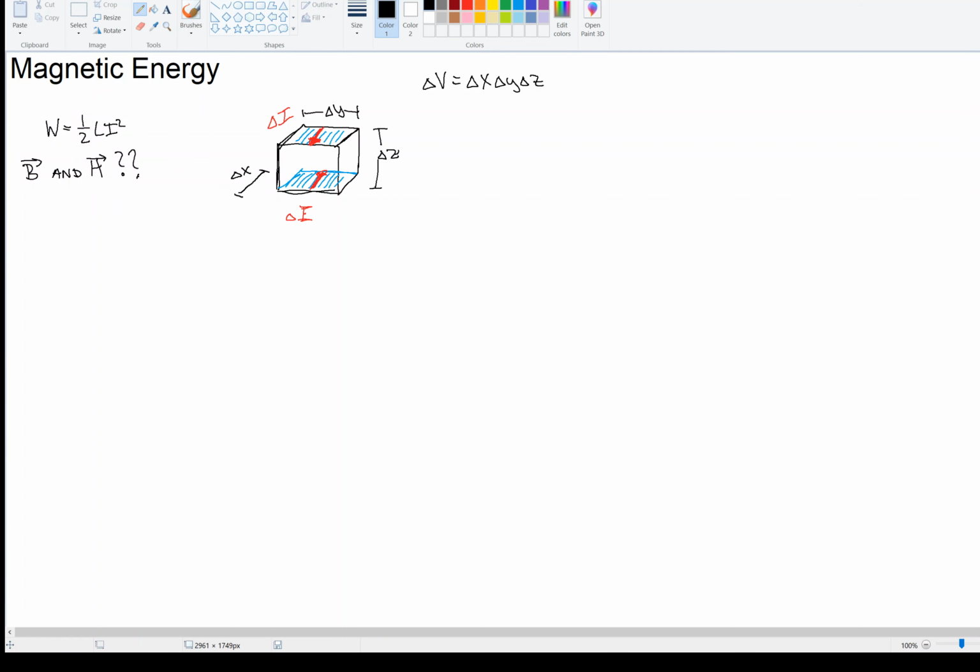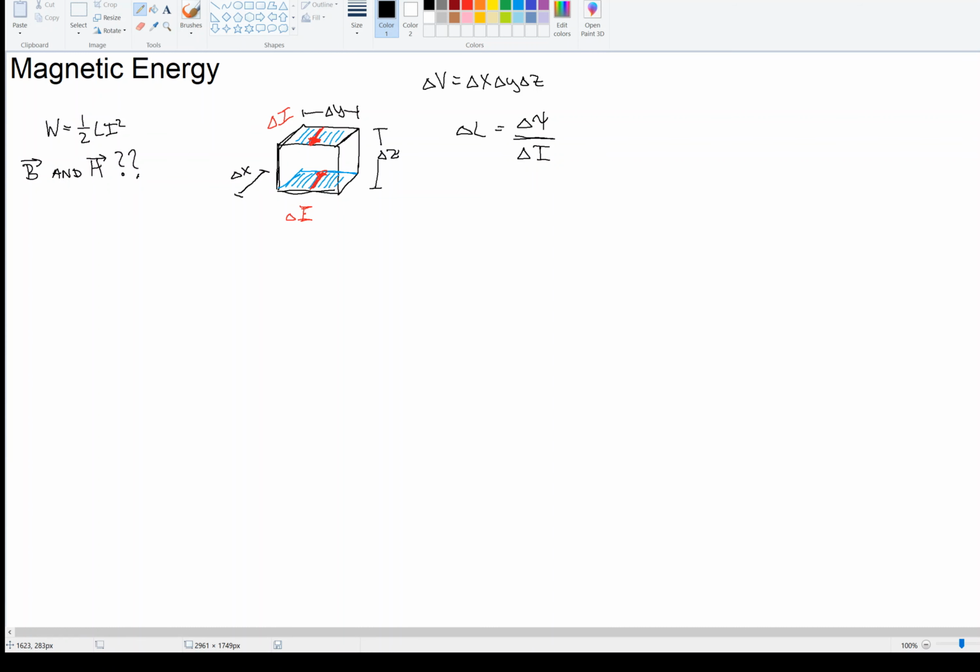Now, if this differential volume has this current, then it also has a flux through it, and it has then an inductance, and we'll call it a differential inductance, delta L. So that would be, based on our definition of self-inductance, delta psi over delta I, right?